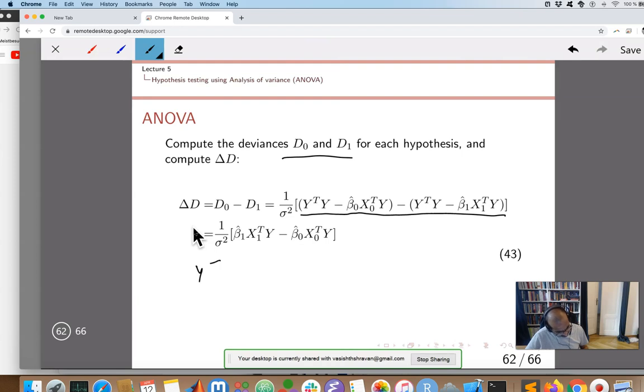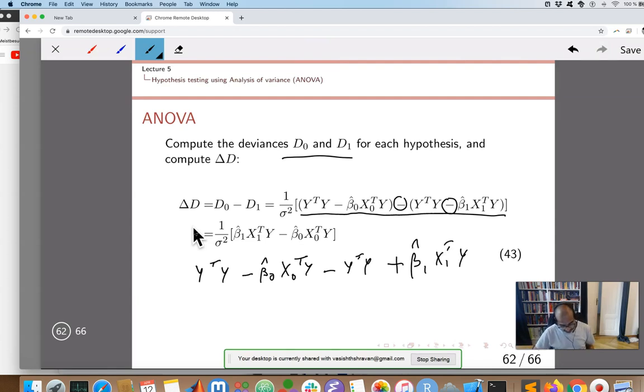So I've got y transpose y, and I've got minus beta 0 hat x0 transpose y, and now I'm opening brackets. So if I remove the brackets, I've got y transpose y. There's a negative sign here and a negative sign here, so I'm going to end up with a positive sign, which is beta 1 hat x1 transpose y, right? So I've simplified, and so now I can see that these two guys will cancel out, and this is a negative term, this is a positive term.